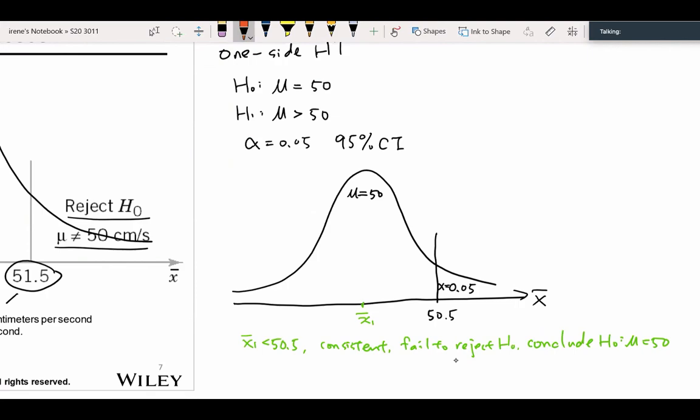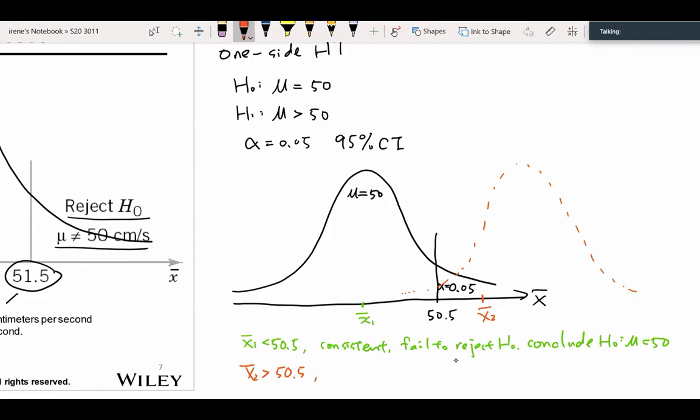The other case, if this is my population mean, x2 is already outside the confidence interval. That means that yellow sample average is coming from another population. Whatever that population mean is, it's not 50 anymore, possibly a lot greater than 50.